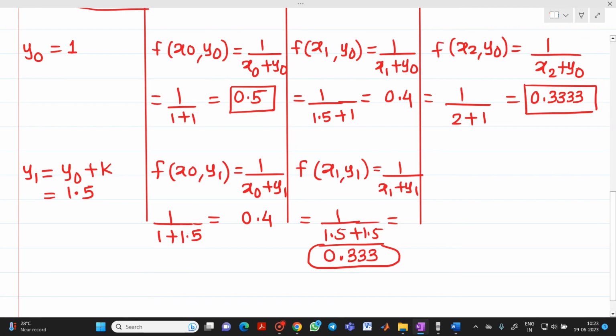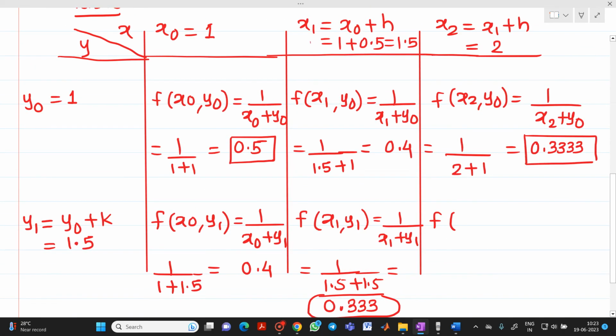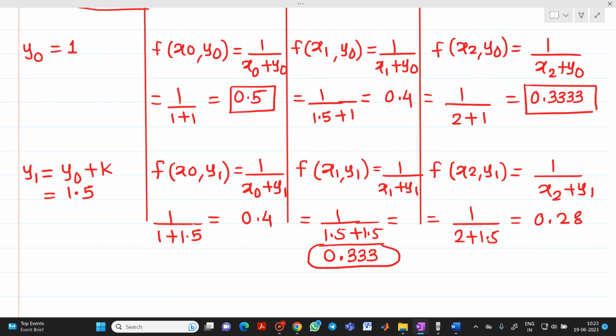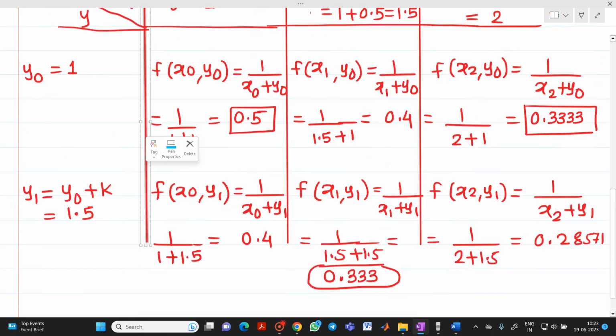Then after that, this value will be f of x2 comma y1, which is 1 upon x2 plus y1. After substituting the values, you will get 1 upon 2 plus 1.5, which will be equal to 0.28571.